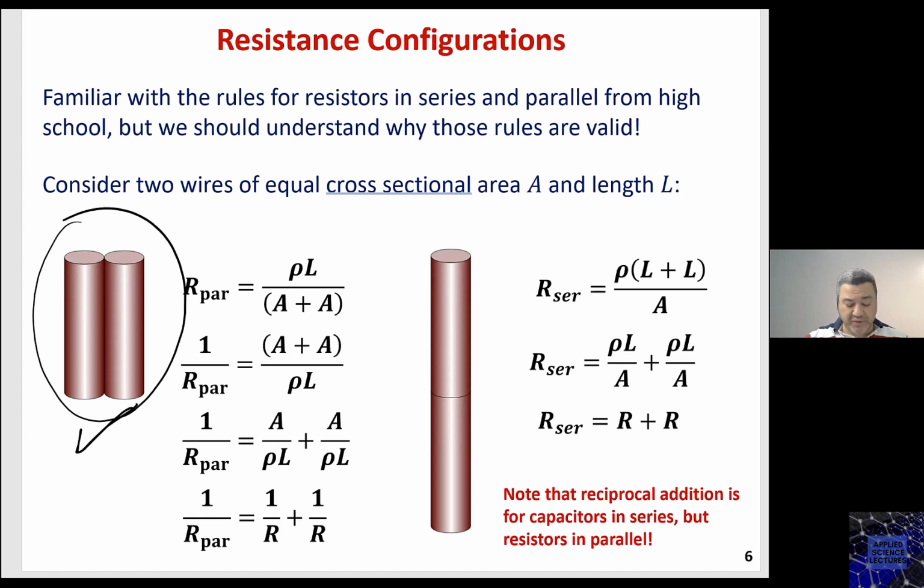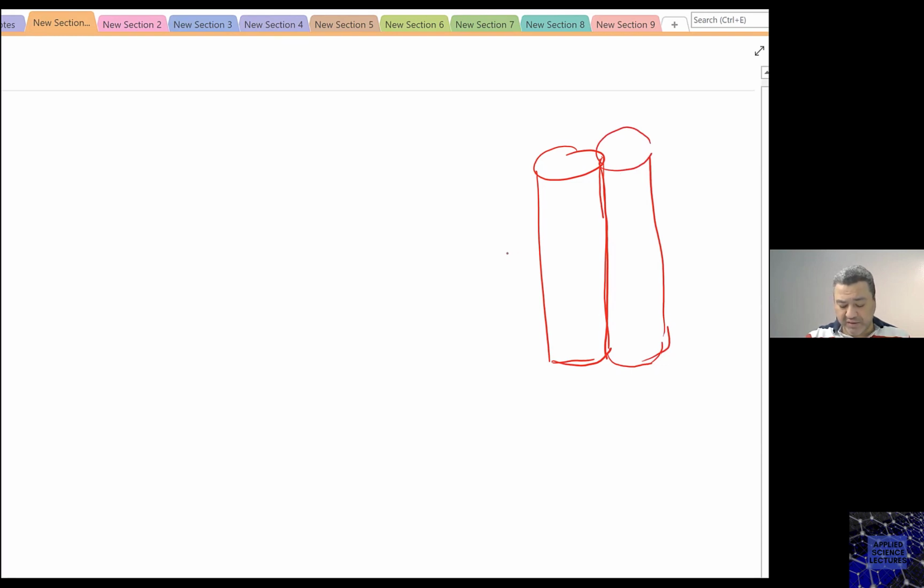So in this case, if I start with those two wires that I talked about, that I put side by side, connect them this way, such that they are connected in parallel. Every one of them has length L and also has the cross section A. So what's going to happen now to my resistance?